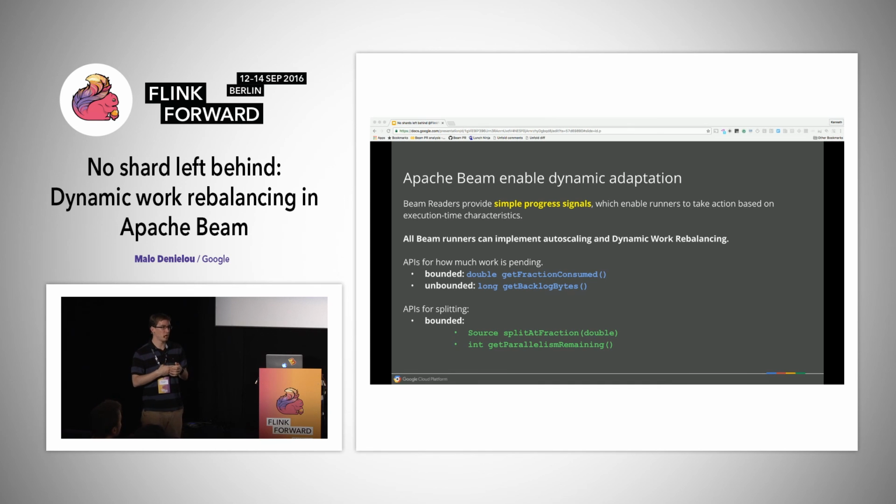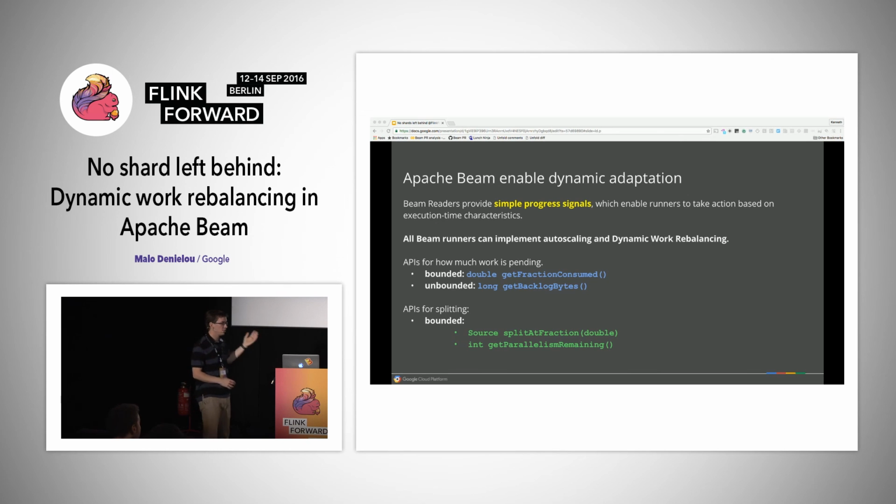If you're earlier, you might get just an estimate based on how many lines you've read so far, and you can estimate how many lines there are remaining. But the source can provide either an estimate or an exact result in many cases. And if the estimate is not there, the runner also has the capability of seeing that, oh, we've upsized, but the workers don't get work, so let's downsize. Thanks.